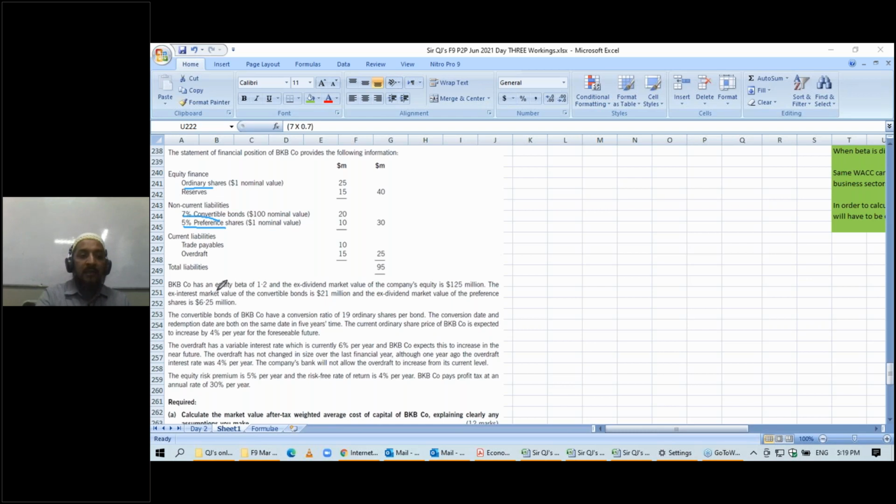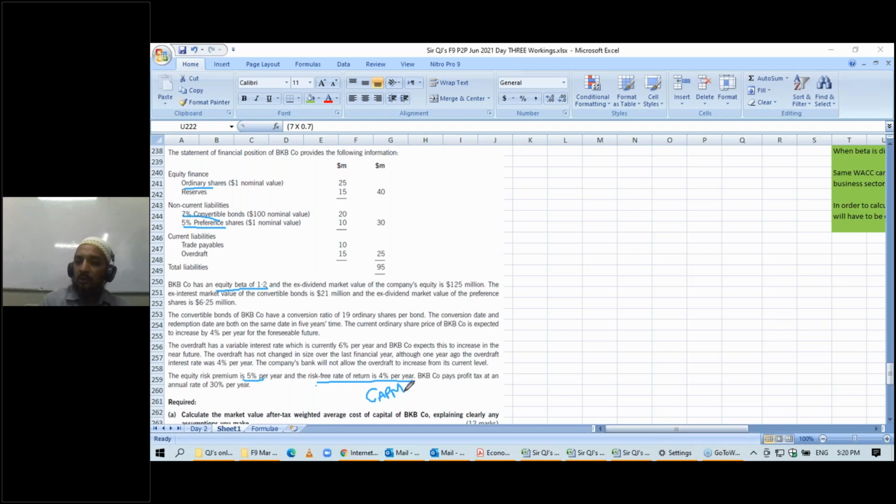And in this case, they have given the equity beta. Whenever you are given equity beta, risk premium, and risk-free rate of return, this means you have to use the CAPM, and CAPM is a better model. If you are given dividends which are growing, and you are given beta and the risk premium data as well, then what model should be used?